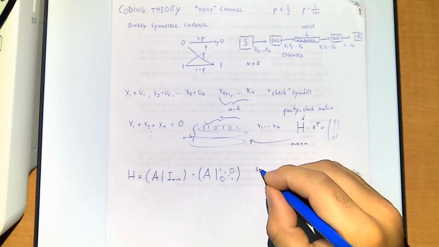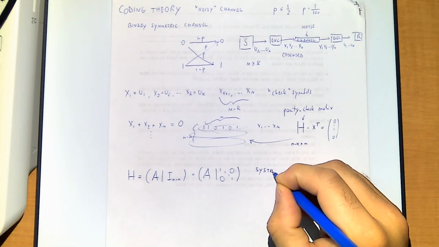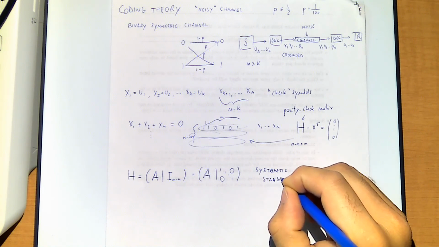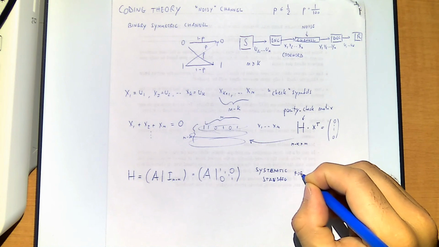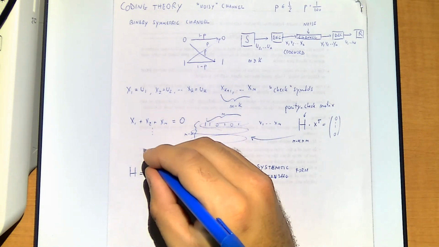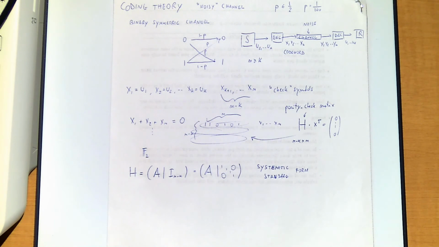So we usually refer to this as the systematic or standard form for the parity check matrix. Okay, so we have a non-zero matrix A, which is a certain combination of the message symbols, and on the right you have a block which is the identity, which means you are analyzing one check symbol at a time. All of this obviously is in F2, is bits, so it's arithmetic modulo 2.